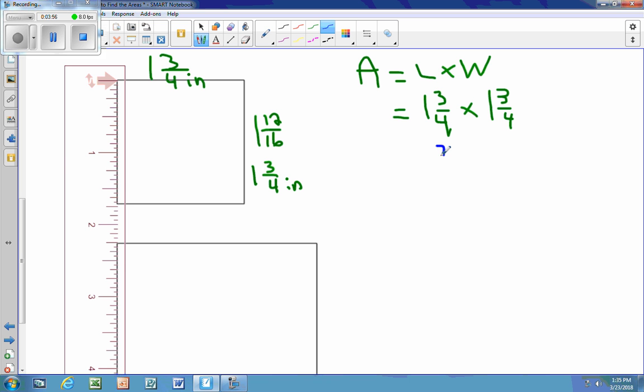And when we do that, we get 7/4, because 4 times 1 is 4, plus 3 is 7, times 7/4. And we end up with 49/16. We can't leave it improper. So 16 goes into 49 3 times, which would make 48. There's 1 left over. 3 1/16 inches squared.